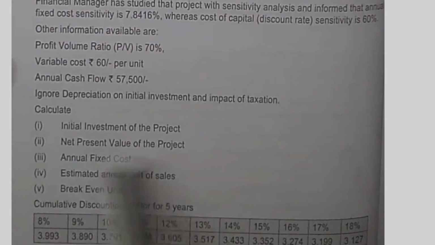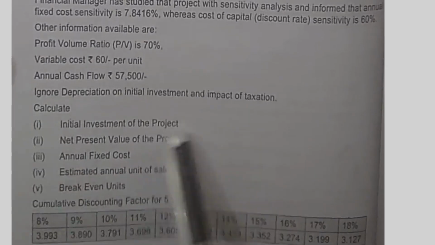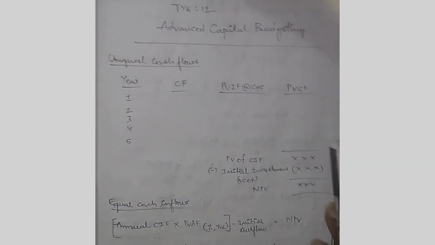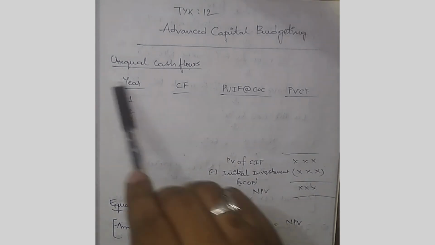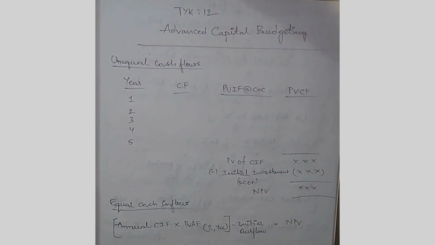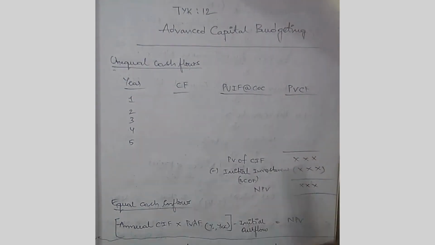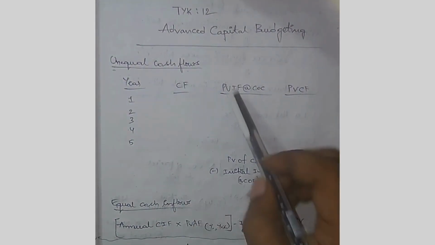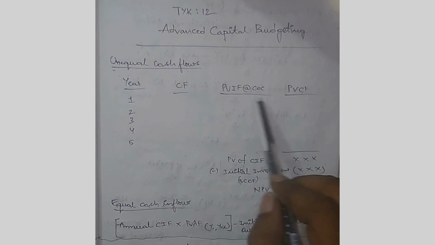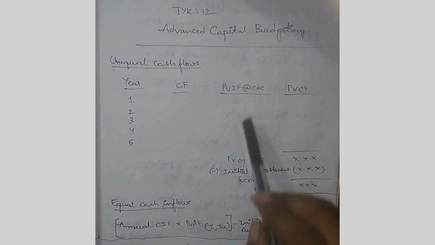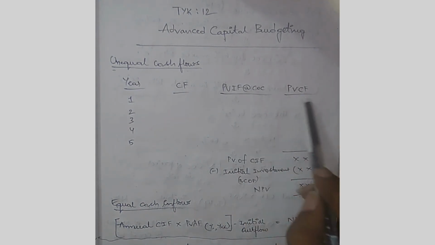Now let's calculate the initial investment of the project. We have two types of patterns in the calculation of NPV. In the case of unequal cash flows, the pattern is years, unequal cash flows, and present value interest factors at the cost of capital, and we can calculate present values.